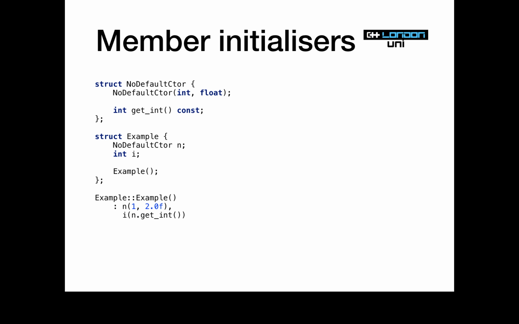And I also want you to initialize i, this int member, with the result of the getInt member function of n. So this is doing exactly what we tried to do in the previous example, except instead of doing it in the constructor body, it's doing it in the initializer list.